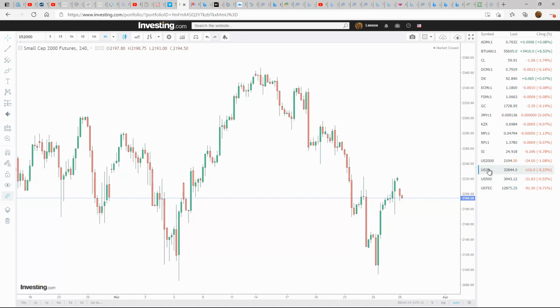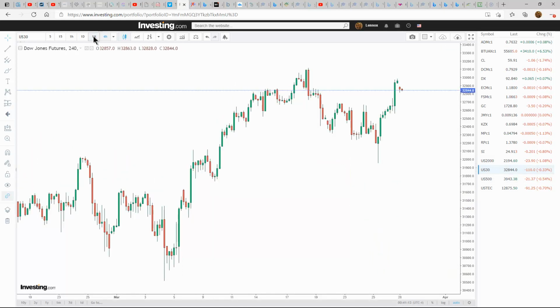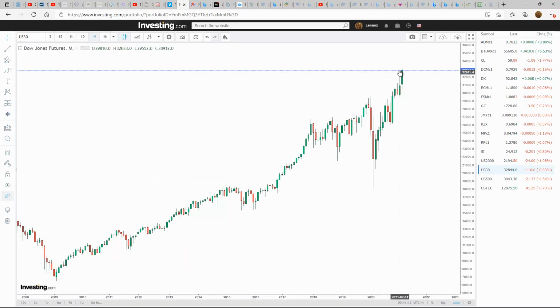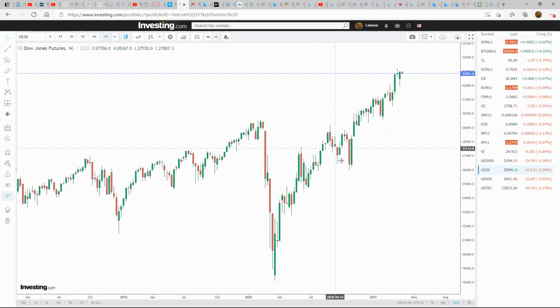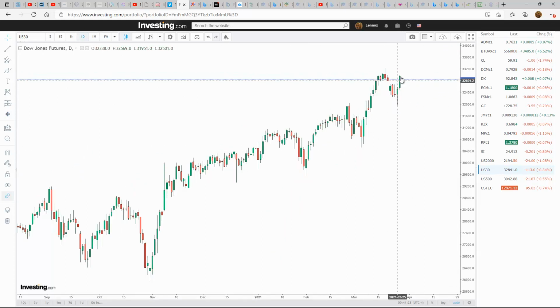The Dow on the monthly, also very strong right now. No red candles whatsoever. It's just been very strong. Going to the weekly, also still very strong. On the daily, it still looks like it wants to challenge these highs. Again, we could see a little bit of a pullback first because we're challenging those highs.